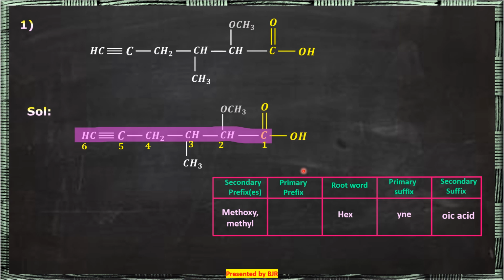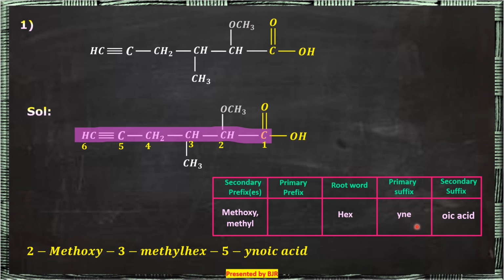While writing the IUPAC name, we have to write these substituents according to alphabetical order. So the IUPAC name of this compound is 2-methoxy 3-methyl hex 5-inoic acid.